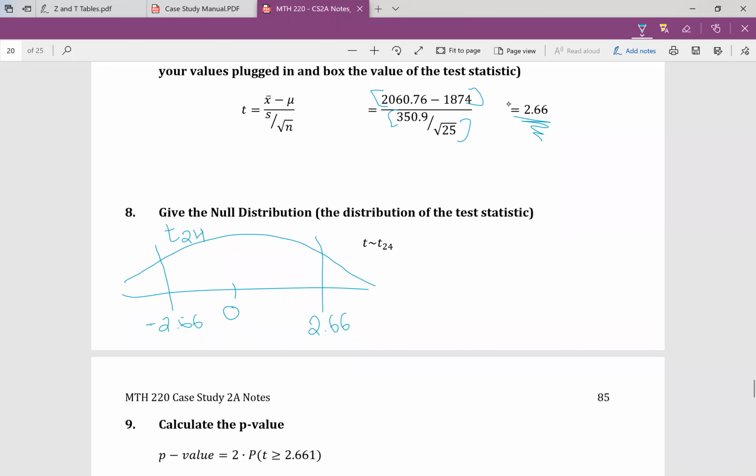So 2 times the probability that T is greater than or equal to 2.66. Not sure why I carried the 1 over here. Not too important that far back in the decimal.